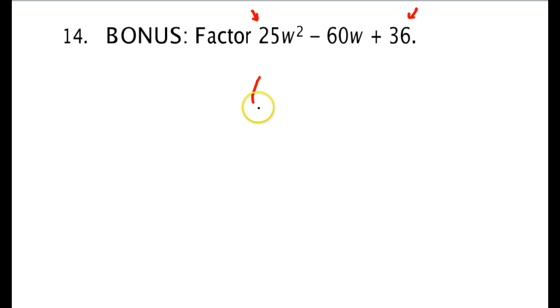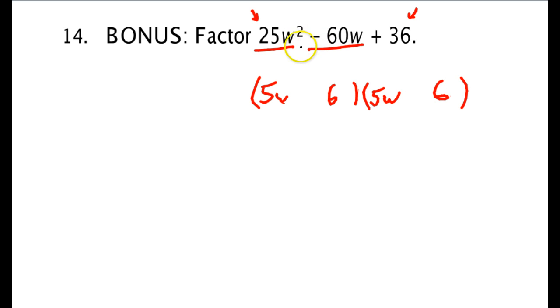All right, so I'm going to try this. So we got 25W, 5W, 5W. We have 36. That's 6 and 6. Now this time, we do have a middle term, which is negative. So we're going to try negative and negative and see what happens. Two negatives will add up to a negative, but these two negatives will multiply to the positive 36.